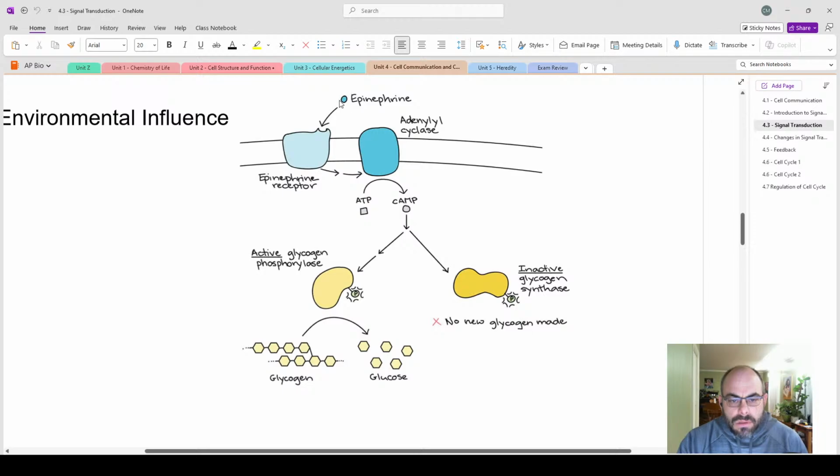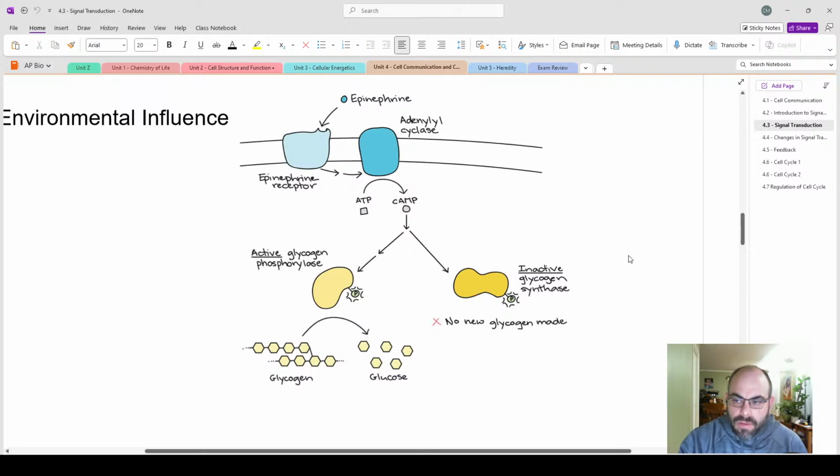So this epinephrine joining with this receptor activates the receptor, which activates adenylyl cyclase, which activates cyclic AMP, which is a secondary messenger, and which turns on some sort of molecule, glycogen phosphorylase, which is going to tell glycogen to break apart into individual glucoses. When it is turned off, then those glycogens are no longer being broken apart, right?